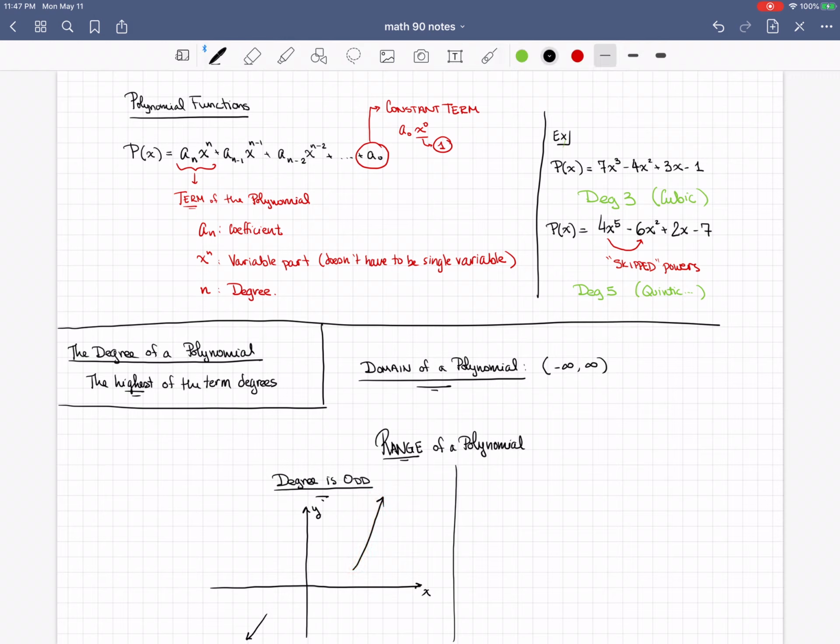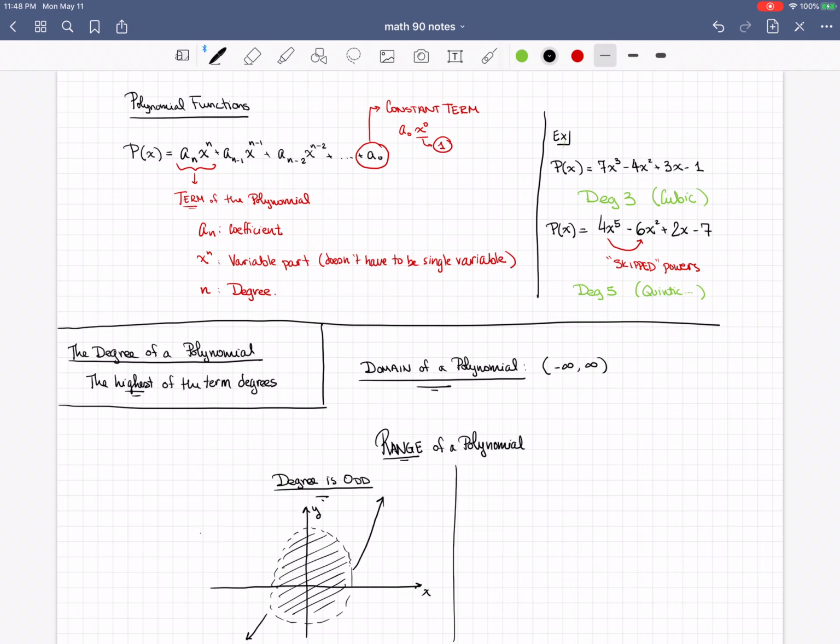What happens in between? That depends on the particulars. How many times it'll cross the x-axis, where it crosses the y-axis, that depends on how many terms it has, what the coefficients are, all of that kind of detail. But eventually, it'll tend to positive infinity on one side and negative infinity on the other.